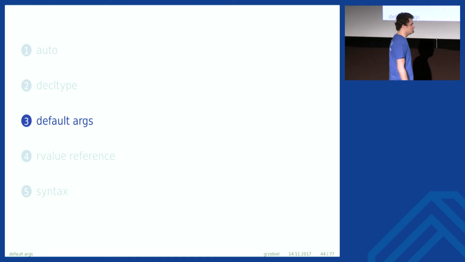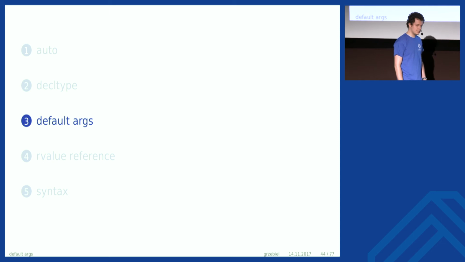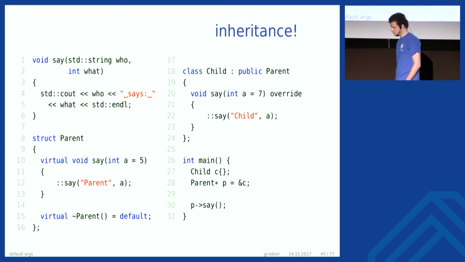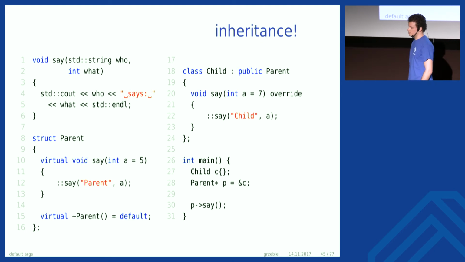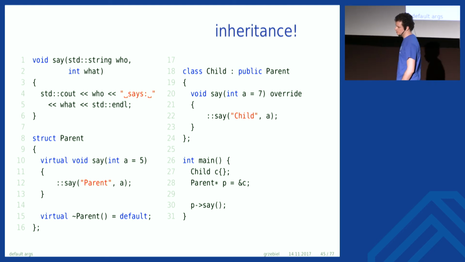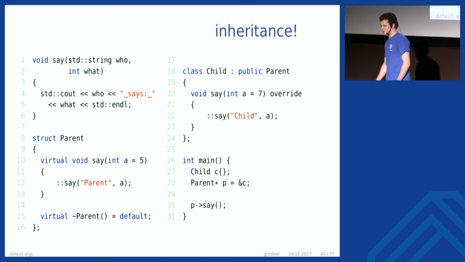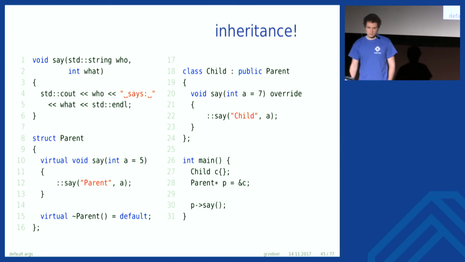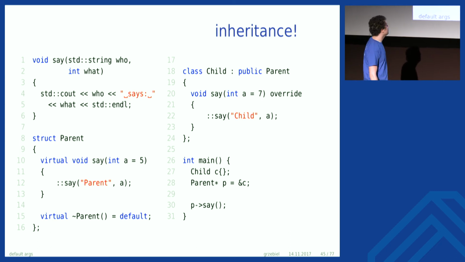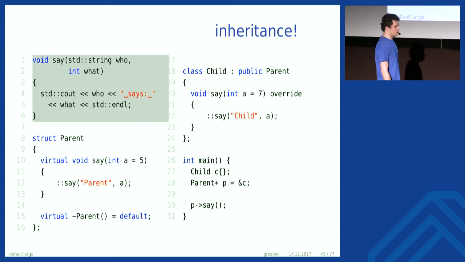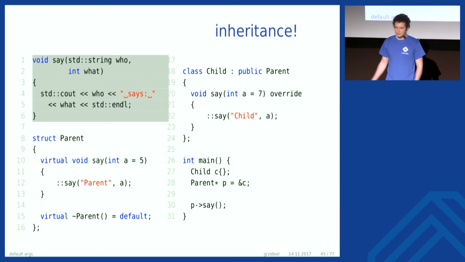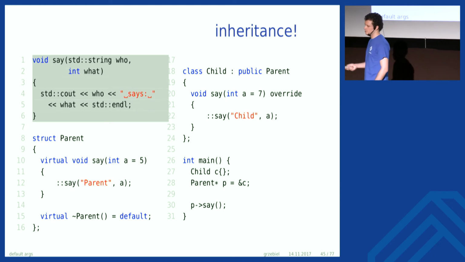Let's get back to good old C++98, and at this point talk about default arguments. We have a pretty straightforward code snippet that sometimes yields quite unexpected behavior, at least for beginners. We have a function that just prints two arguments to ease an implementation.